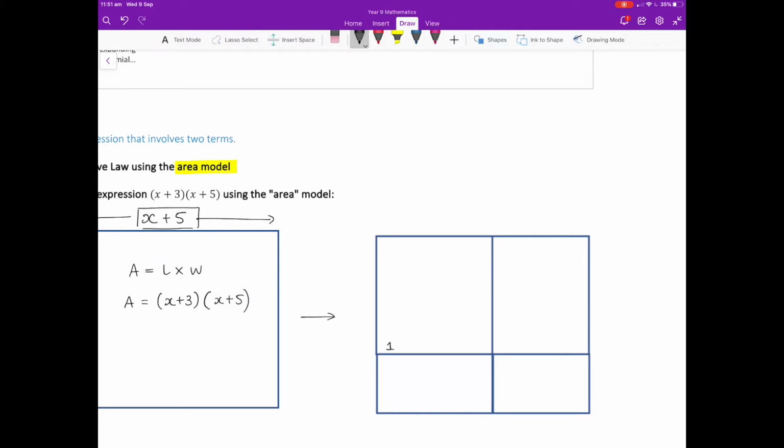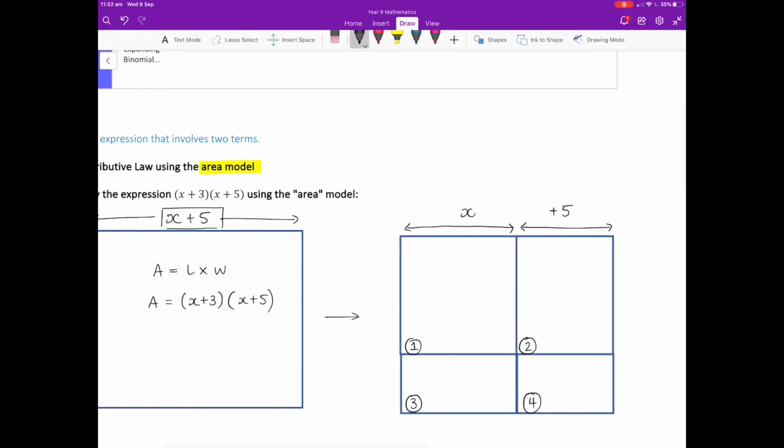So I'm just going to start by labeling each of these. So 1, 2, 3, and 4. So I'm going to make this bit here have a length of x, which means my remainder is going to be plus 5. So then moving to my width, I'm going to make this here have a length of x, and this here have a length of positive 3.